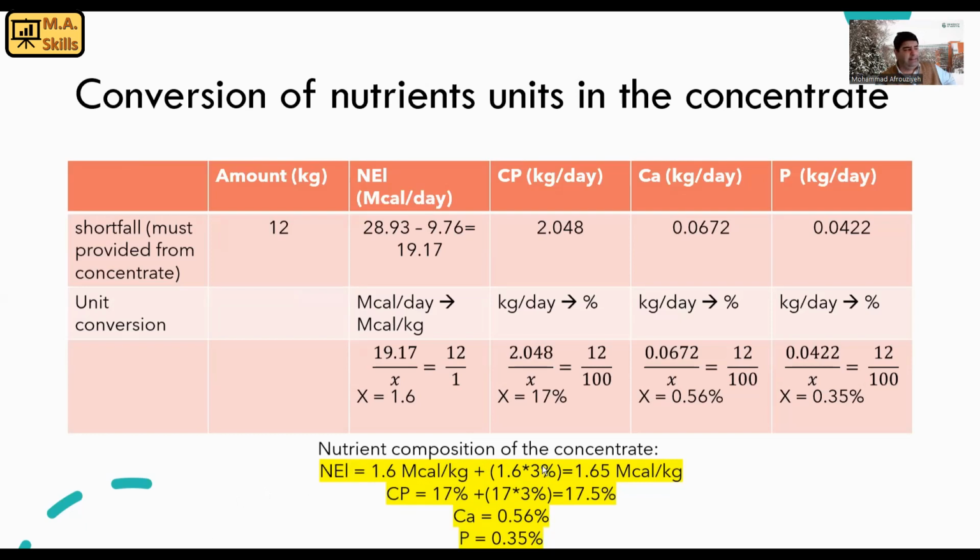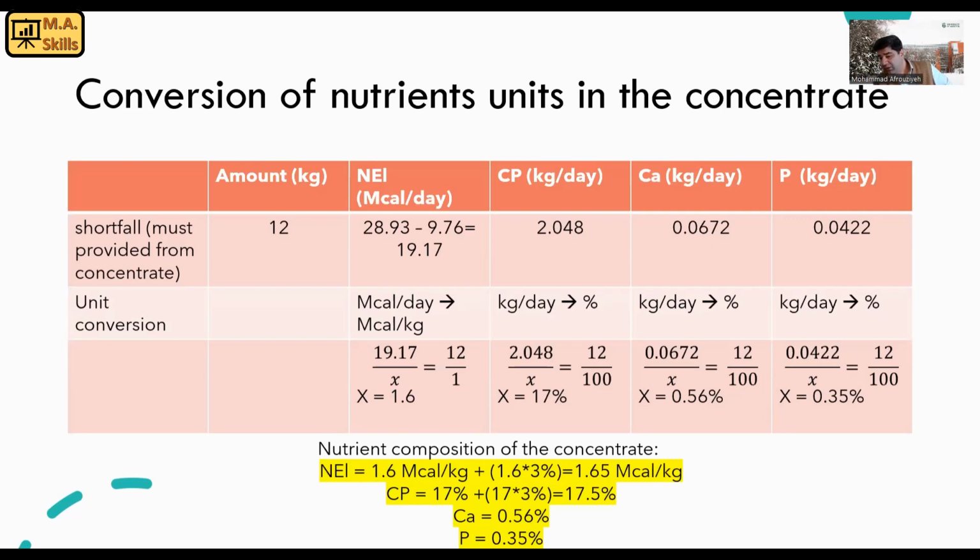So in this scenario, we assume that 3% of our concentrate will be made up of those additives that don't have any energy or protein values, like calcium phosphate, calcium carbonate, and other additives. So we need to add 3% on top of the energy and protein levels.